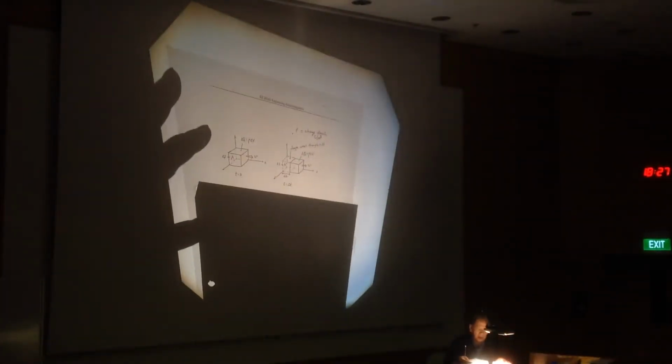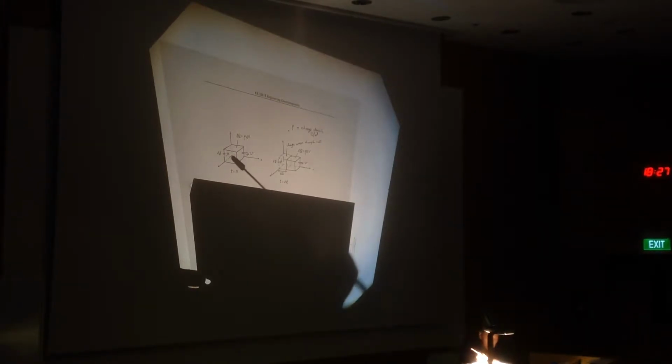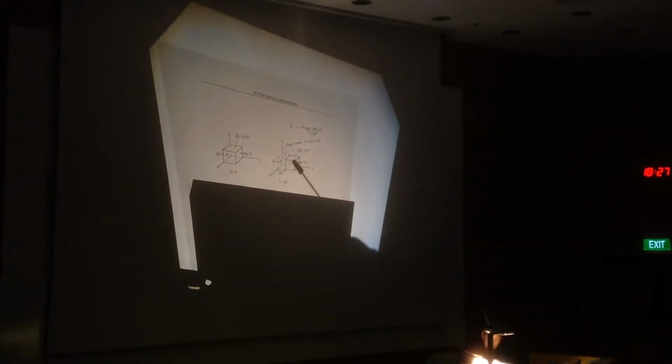Look at this picture here. I have a charge delta Q. The rho here is the charge density, rho per meter cube, times the volume delta V, which gives you coulombs. This is moving with velocity V, the area is A, at time T equal to 0 along the x-axis. At a time delta T later, this charge will have moved, and you can see it has swept through the area.